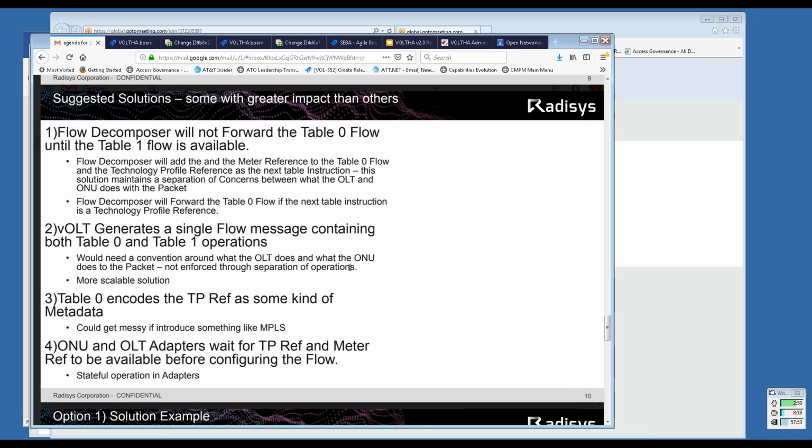And those two parts are passed down to the flow decomposer independently, currently. Yeah, I think so. It sounded like that. But as a first step, could you just remove that separation and then pass the whole thing down to the flow decomposer? Then it can do what we said because it has all the information.